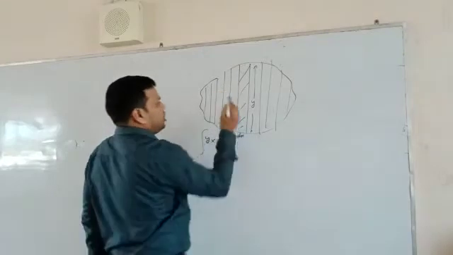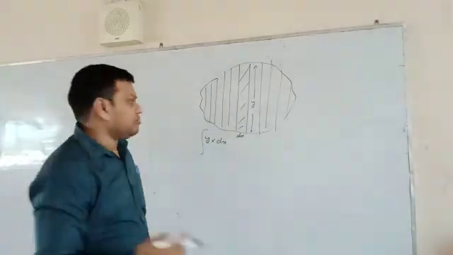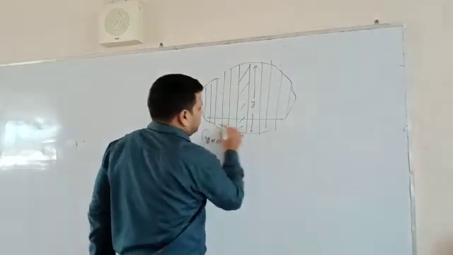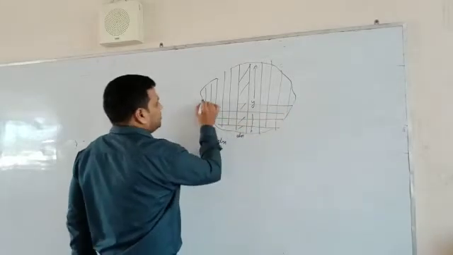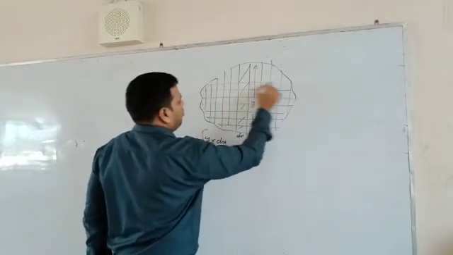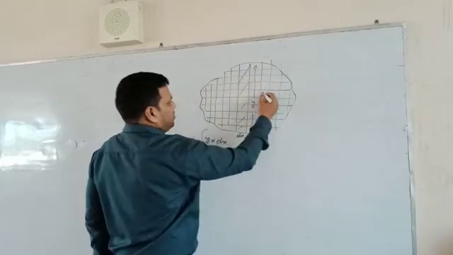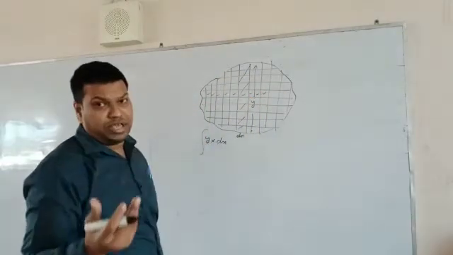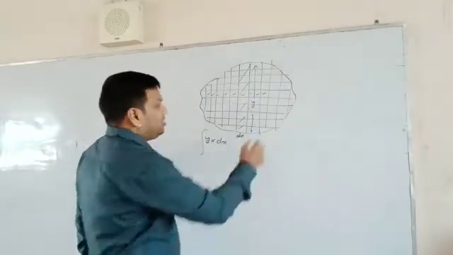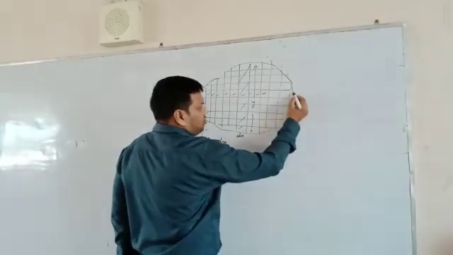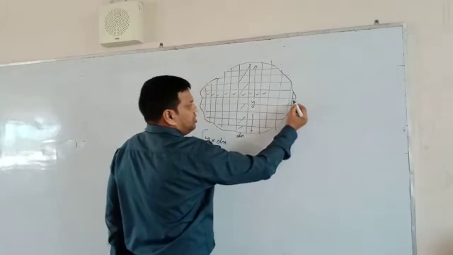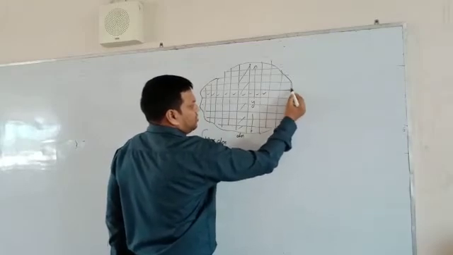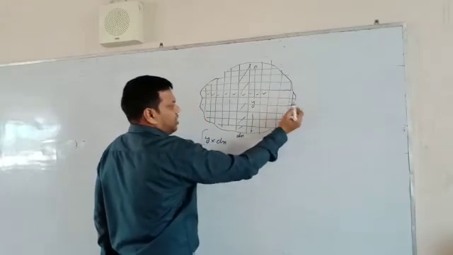In our childhood, there were questions about the area of such parts, where we counted the small squares and found the areas. You may remember that. But here we do not have definite areas, because the part is not definitely a square or rectangle.